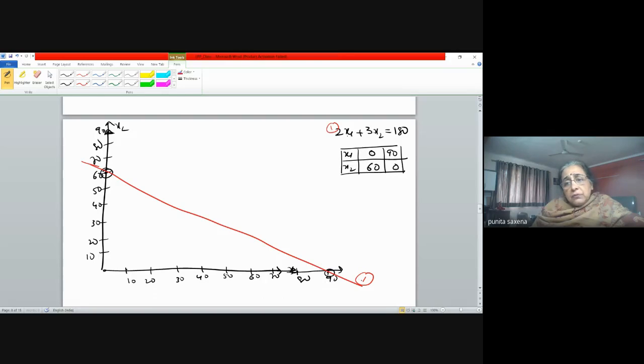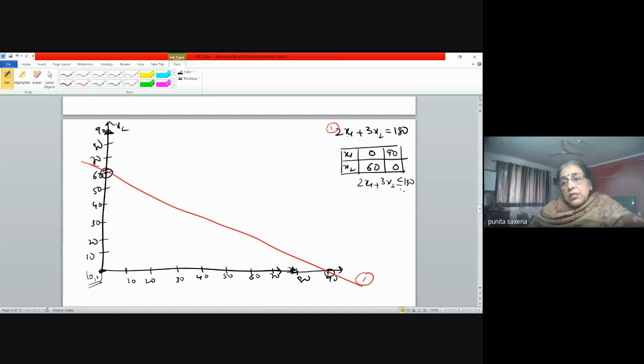Now, but I was not just interested in the points such that they are equal to 180, right? What do I want? I want a region such that 2x1 plus 3x2 is less than or equal to 180. So what we do is we look at 0, 0. इसको हमेशा ऐसे ही करना. Look at 0, 0.